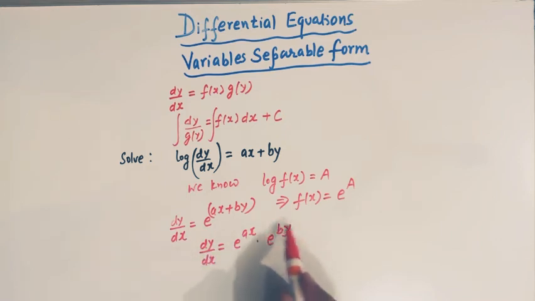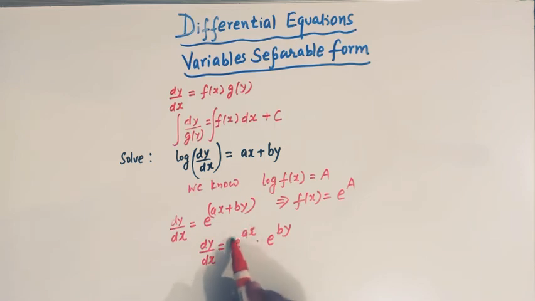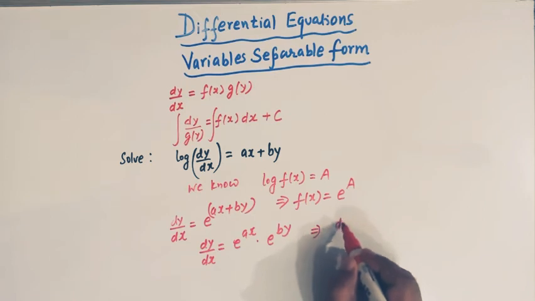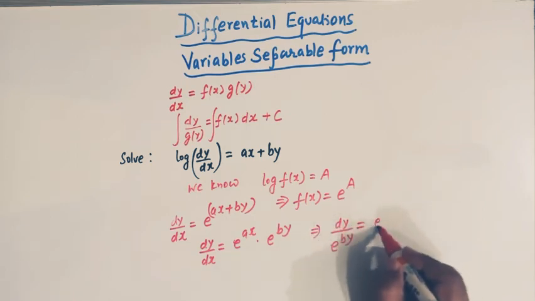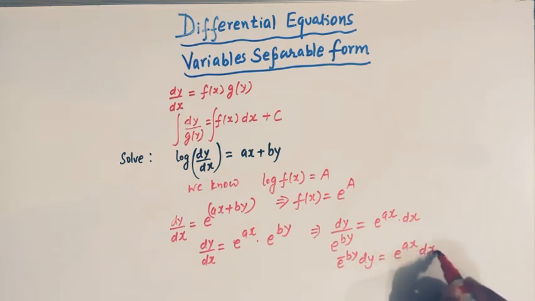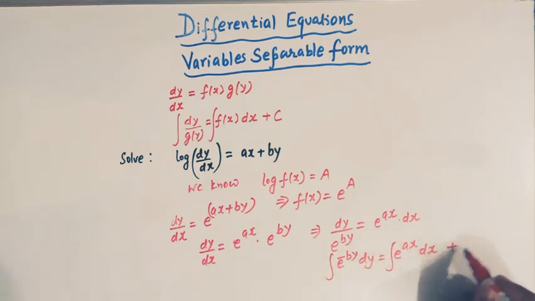Now we can separate the variables here. This is the function of x, this is the function of y, so we can write dy over e raised to by is equal to e raised to ax dx. Now this is e raised to minus by dy is equal to e raised to ax dx, and now integrating both sides, we have the constant of integration.